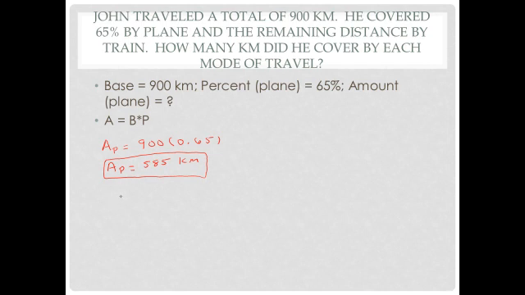Well, if we know that he covered a total of 900 kilometers and he covered 585 by plane, then all we would have to do is subtract those two to find out what's left. So when we subtract those two amounts, 900 minus 585 leaves him 315 kilometers to travel by train.